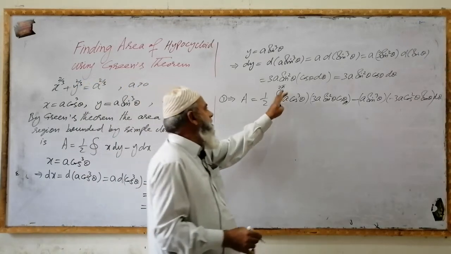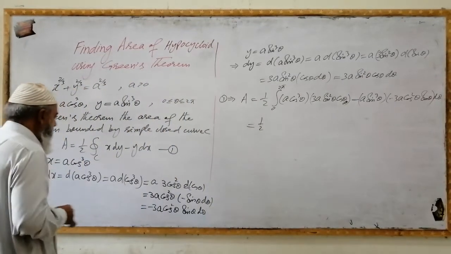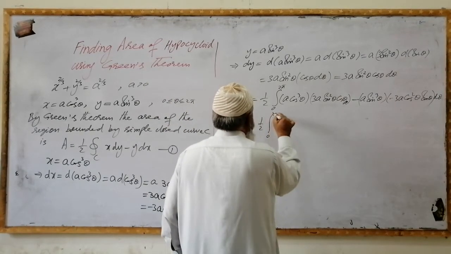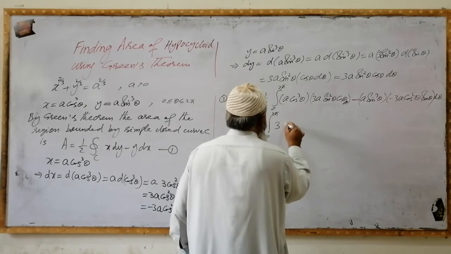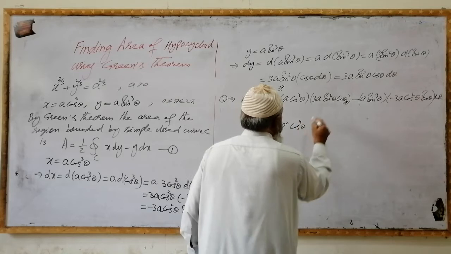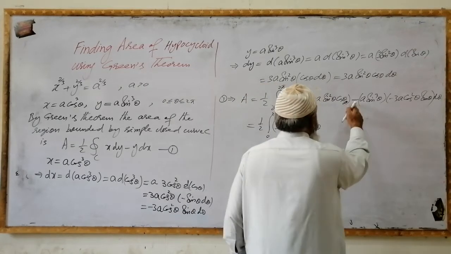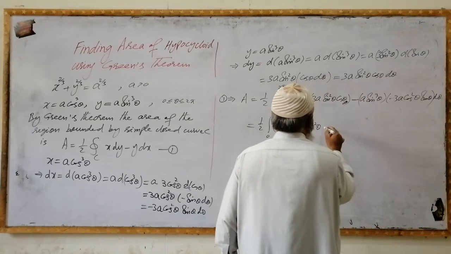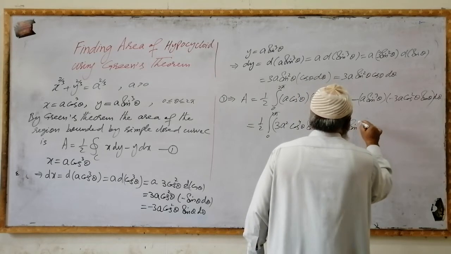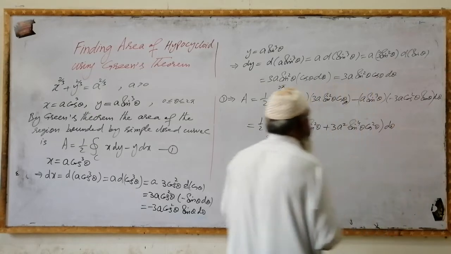That's why we are writing here limits 0 to 2 pi in place of writing C. This gives us 1 by 2 integral 0 to 2 pi of 3a square cos 4 theta sin square theta, minus minus plus 3a square sin 4 theta cos square theta d theta.